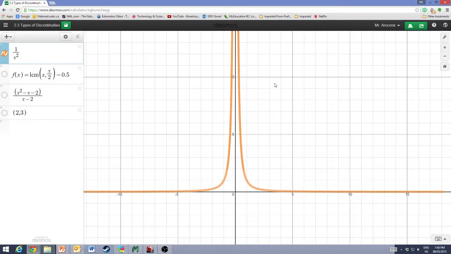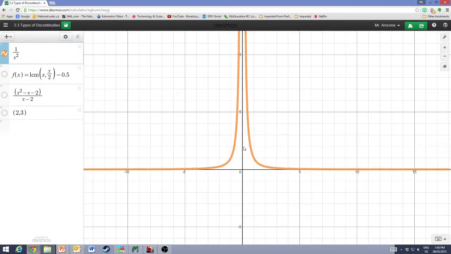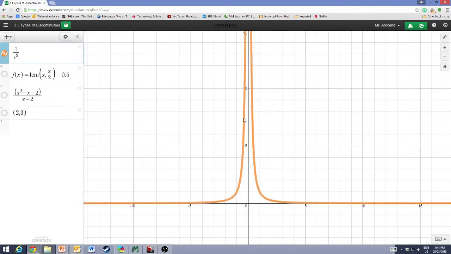So this is an infinite discontinuity at x equals 0. At x equals 0, the function is undefined, and the limit ends up going towards infinity. It goes towards infinity and never crosses that asymptote. This is an infinite discontinuity.